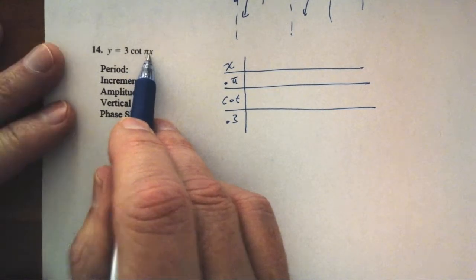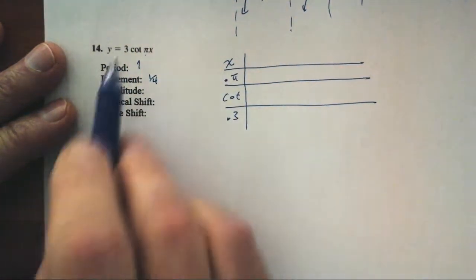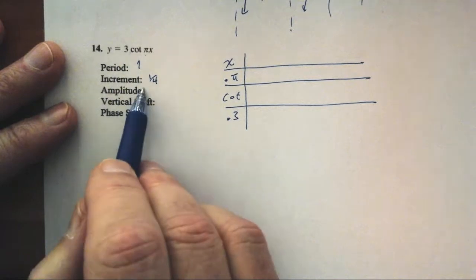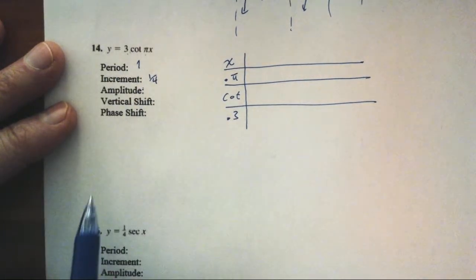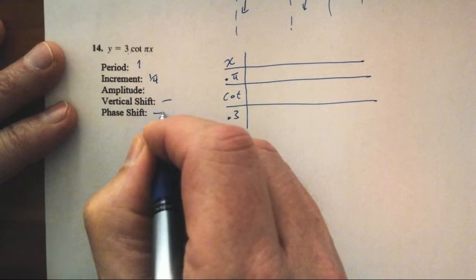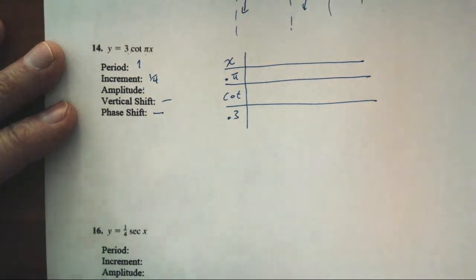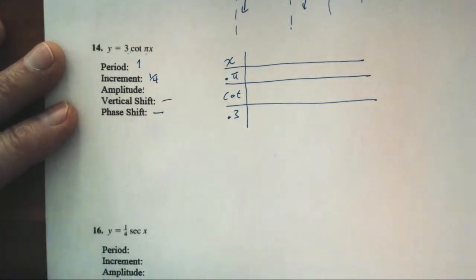So pi times as fast, pi divided by pi is 1. The increment would be 1/4 then. The amplitude, if there was such a thing, we'd talk about the 3 here. It's 3 times as tall, but still it goes up to infinity, down to infinity. No vertical shift, no phase shift. Everything just happens pi times as fast, and we're 3 times as tall.